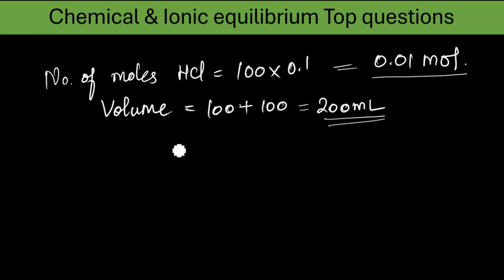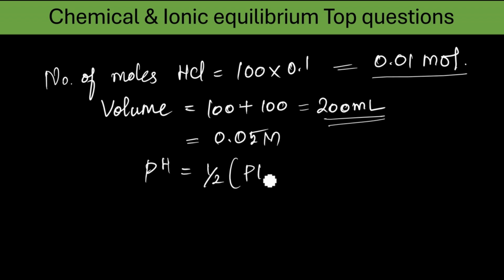So what about the concentration? Now the overall concentration will become 0.05 molar. Let's substitute it in the formula. pH is equal to half pKw minus pKb minus log C, right?